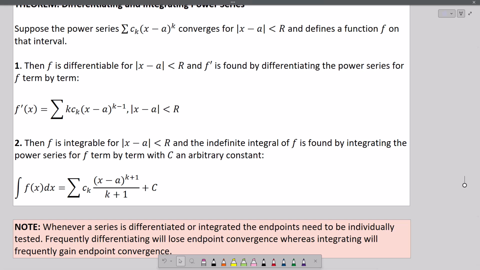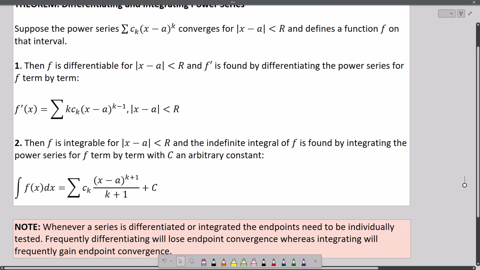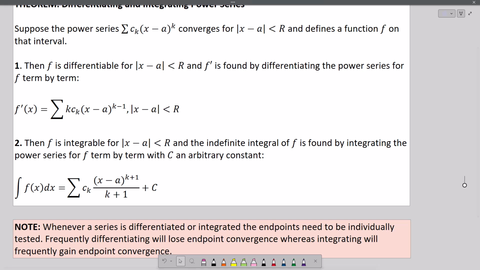They're the same thing. OK, so if f is differentiable, then you can differentiate the power series. The power series is easily differentiable because it's a polynomial. So as long as the function is differentiable, we can also differentiate the power series.